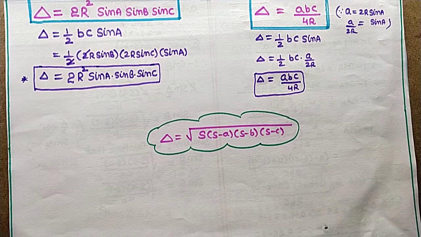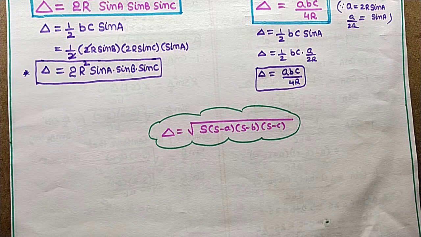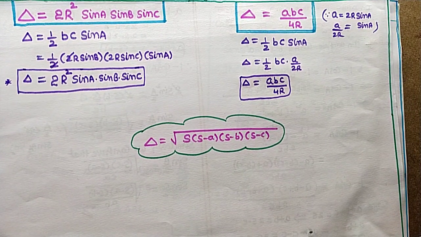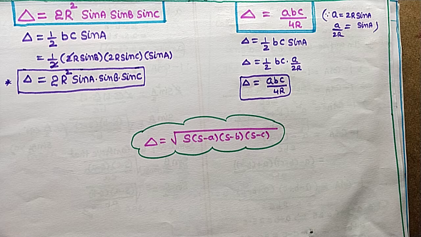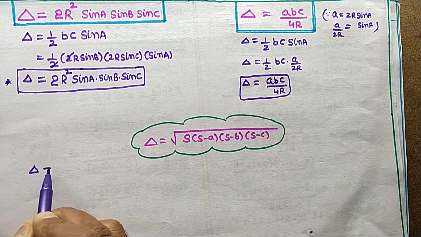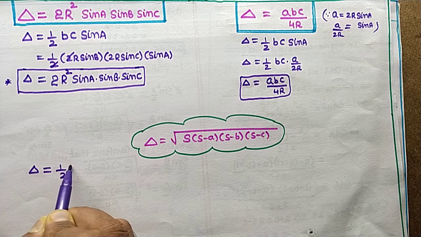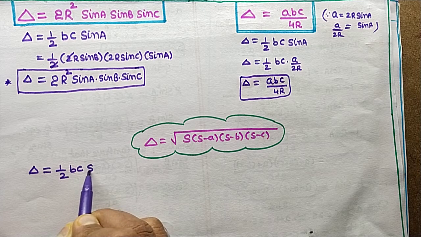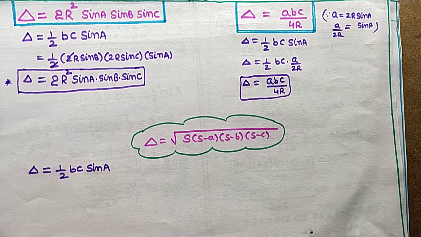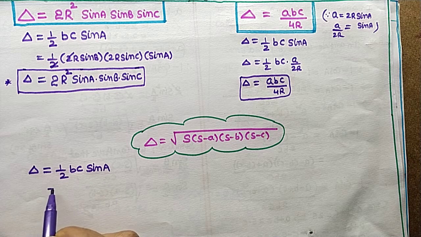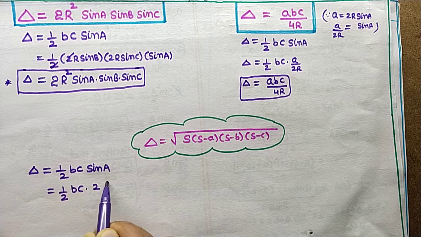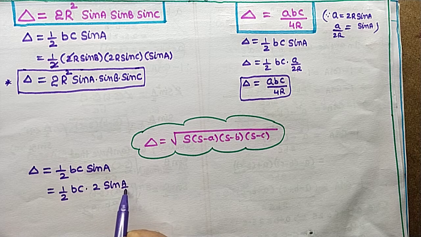Another one we are going to discuss. Area of triangle, come to the third case. We have delta equal to half into bc sin A. Sin A by the half angle formula can be written as 2 sin A by 2 cos A by 2.